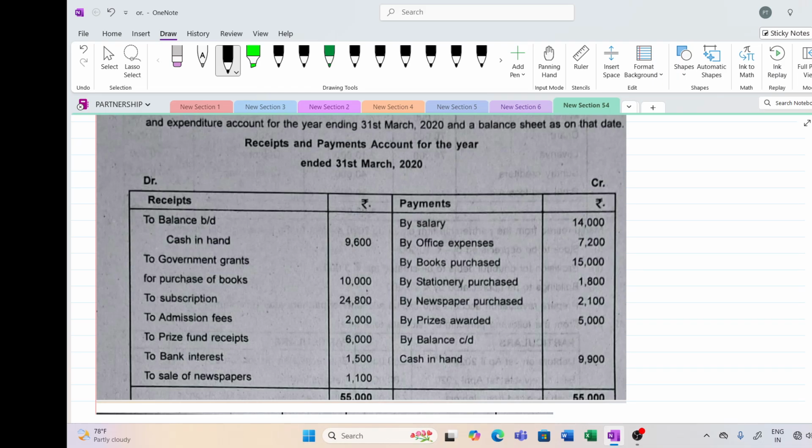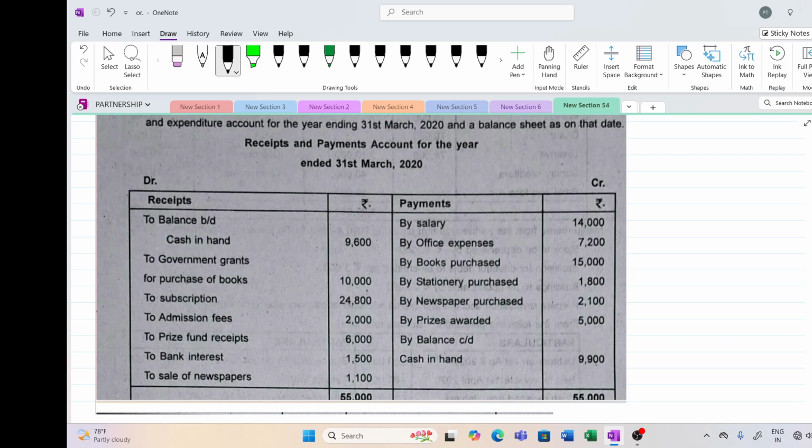Suppose there is a prize fund and prizes are awarded, out of that fund only they have awarded the prizes. If there is any match fund and the match expenses, we are going to remove both the items towards the liability side of the balance sheet.